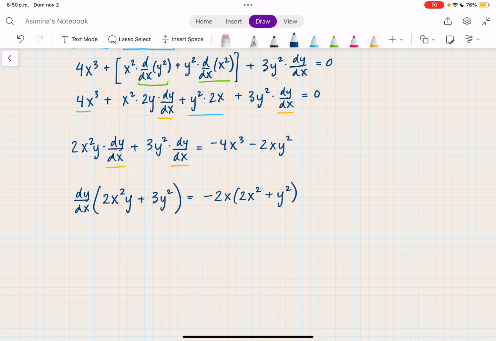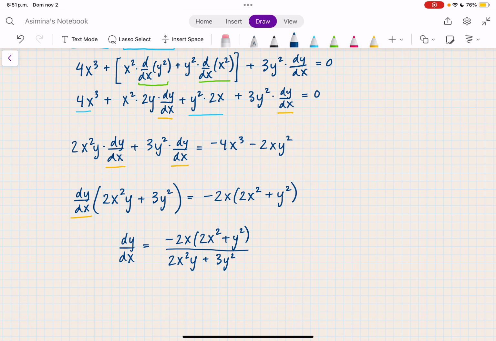Now how do I isolate dy/dx? Well, I can just divide both sides by 2x squared y plus 3y squared. So we get that dy/dx equals minus 2x times 2x squared plus y squared all over 2x squared y plus 3y squared. And that is our final answer.